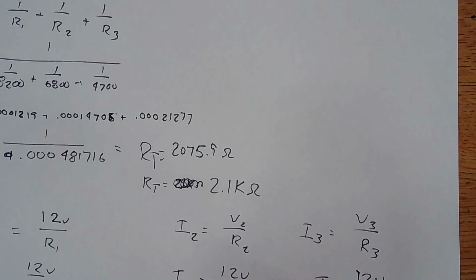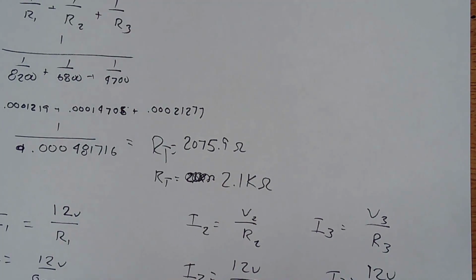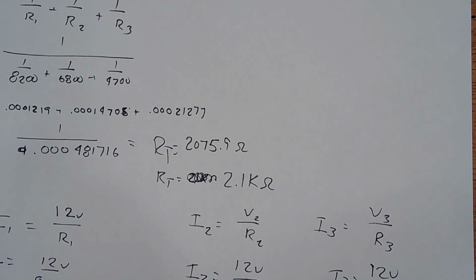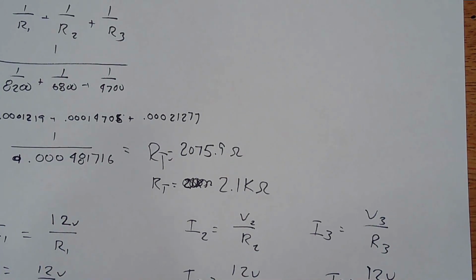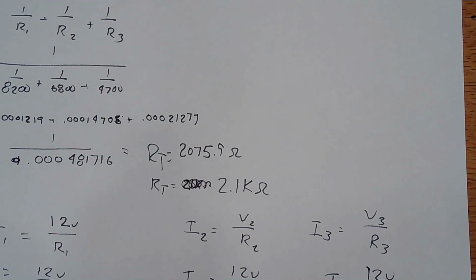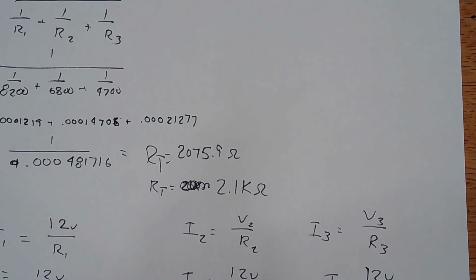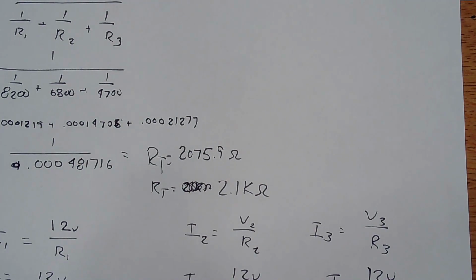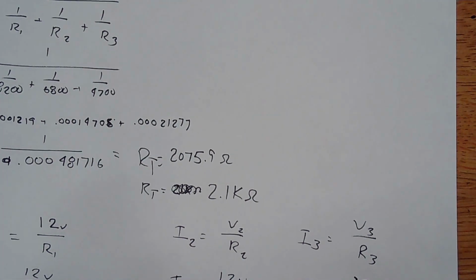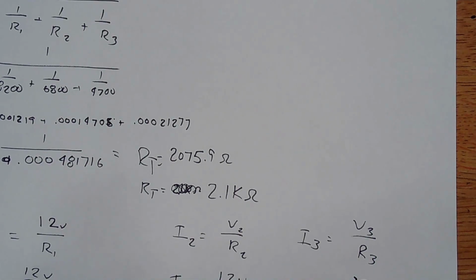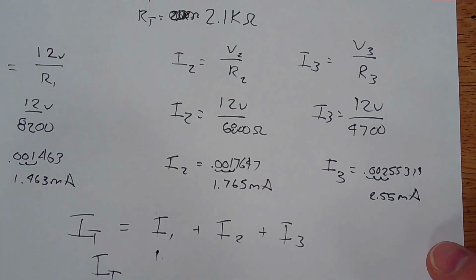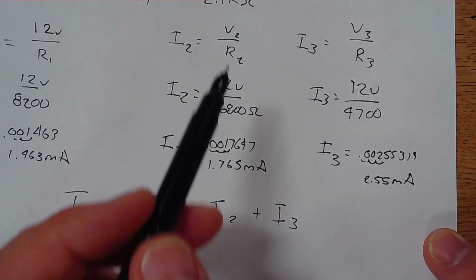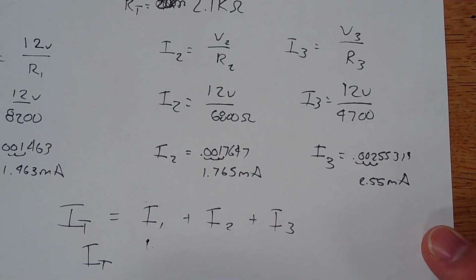2.55 microamps. All right, and if we add all those up, we can check that with Kirchhoff's current law, which says that the currents add up. Current total is equal to the current at 1 plus the current at 2 plus the current at 3. In case I wasn't showing it before, there's where I did that.